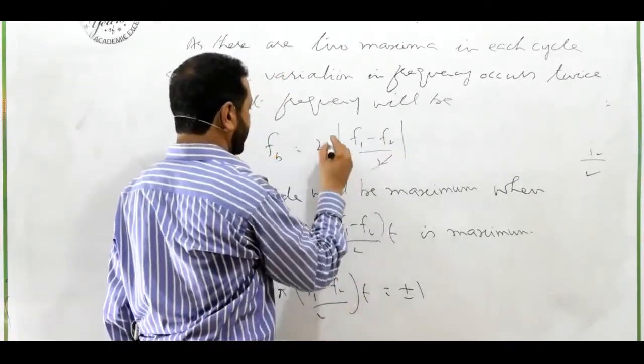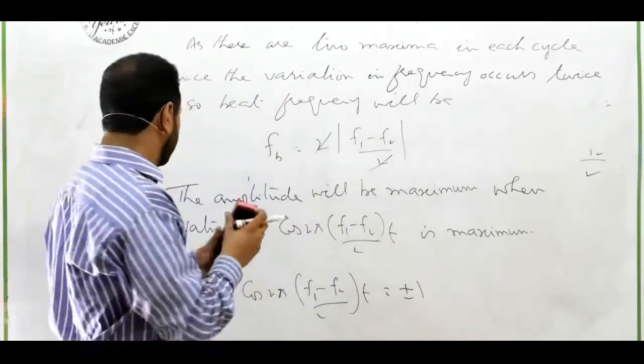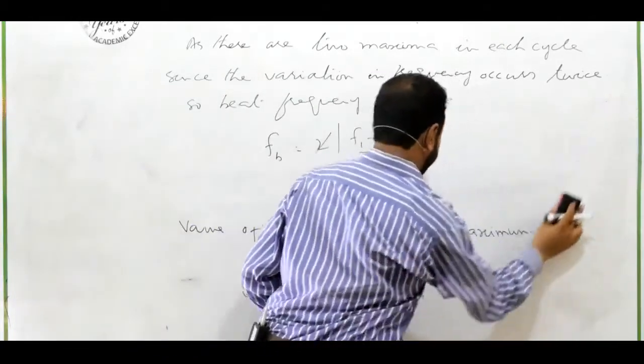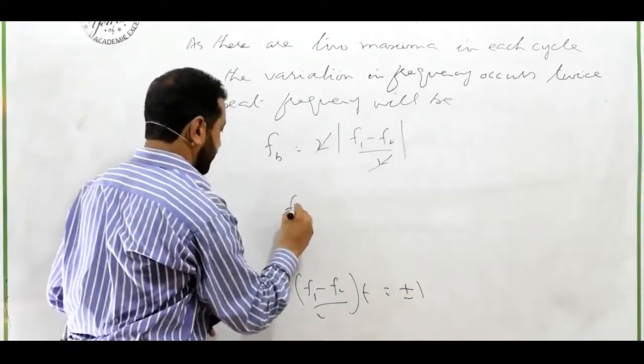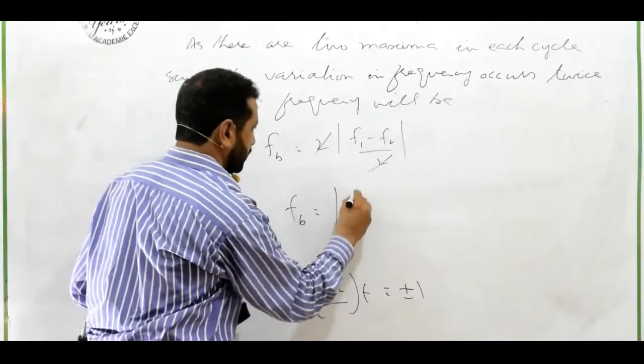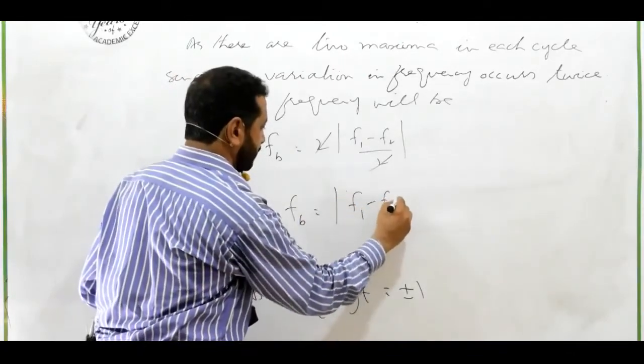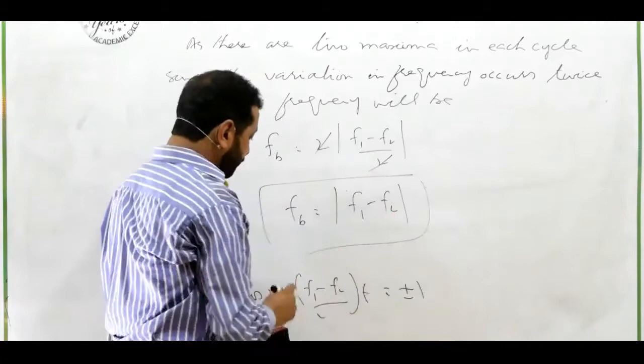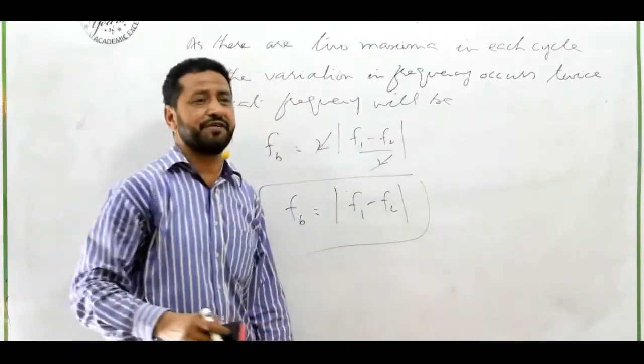So the 2 will be cancelled. Now we have the formula for the beat frequency: fb is equal to f1 minus f2. So this is the formula for the beat frequency that we have derived.